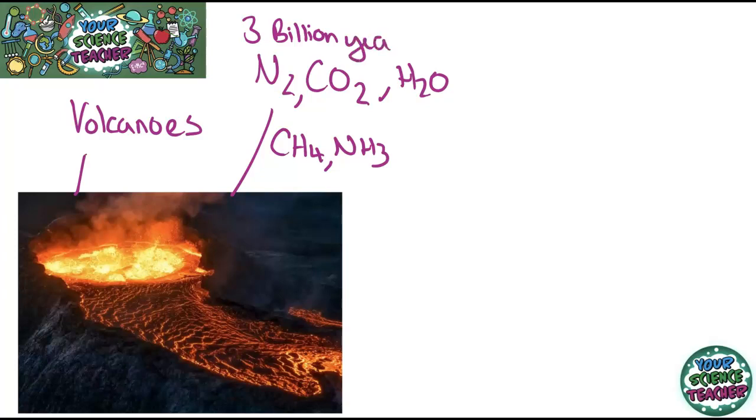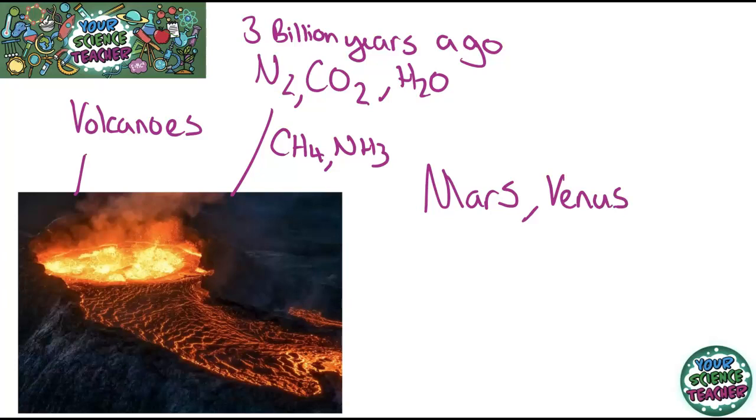You're probably asking, how do we know that the chemical composition was like this 3 billion years ago? Well, in our solar system, we have volcanic planets that we can analyze, such as Mars and Venus. They have similar atmospheres to what we would have had 3 billion years ago due to the volcanic activity that they have.